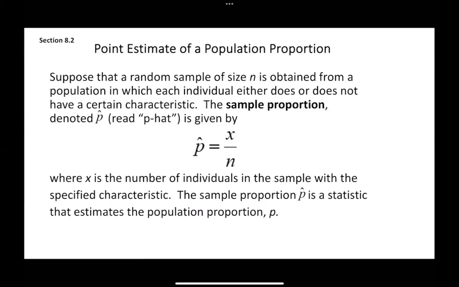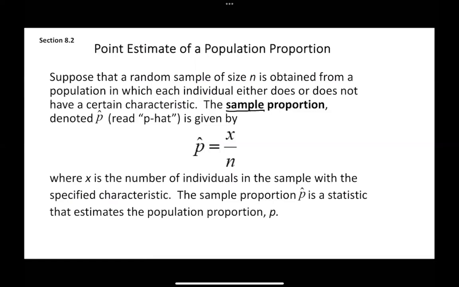When we're given something like a certain proportion of the population has some characteristic, we're dealing with proportions and not means and standard deviation. When we are estimating a sample proportion from a population, we call it p hat. Anytime something is an estimate, you throw a hat on it. I don't know why, but it is what we do.